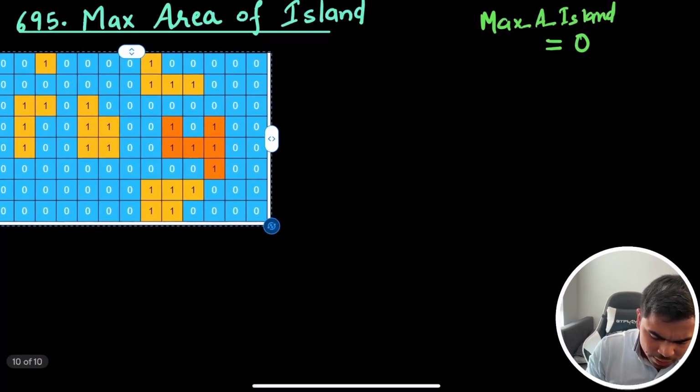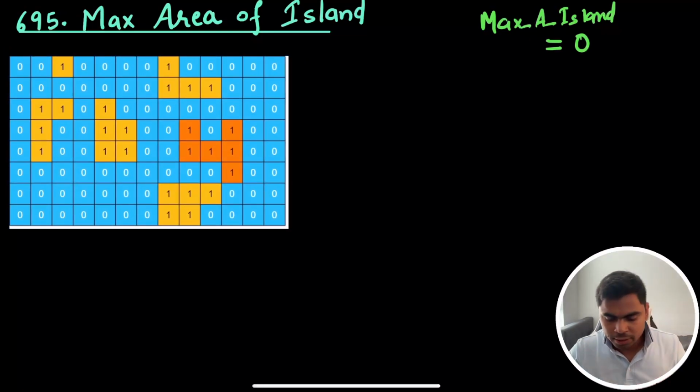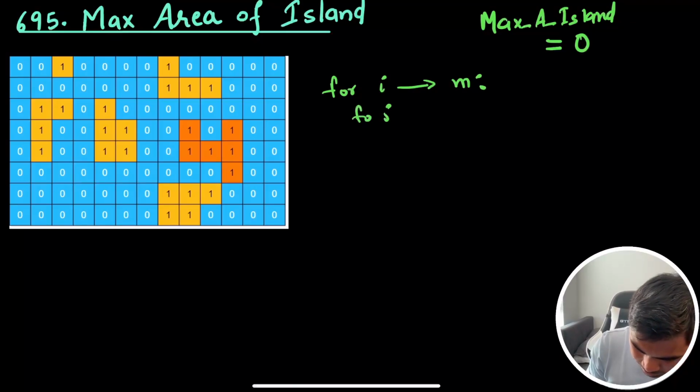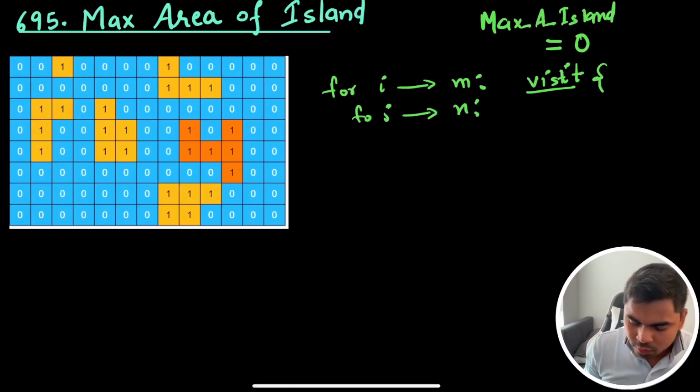It's not super complicated, but let's write our simple DFS function. I'm going to have 2 for loops. So for i in range m, then for j in range n, and I'm also going to have a visit set that will store the visited cells.